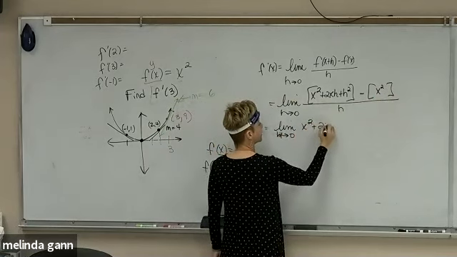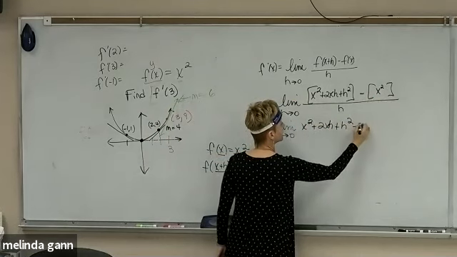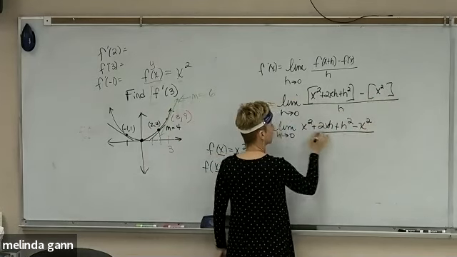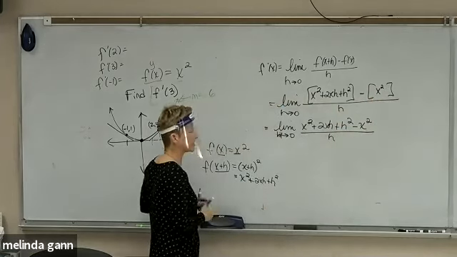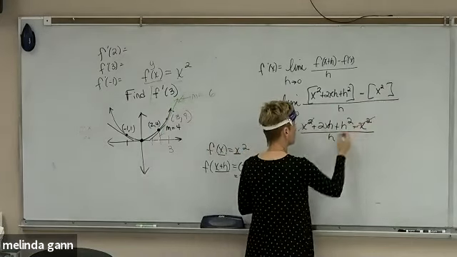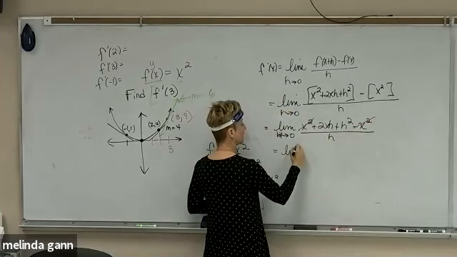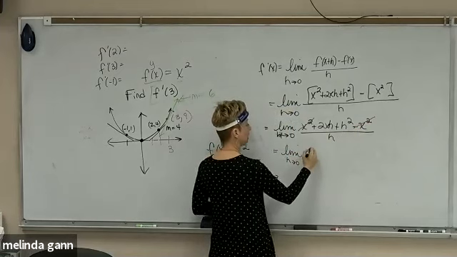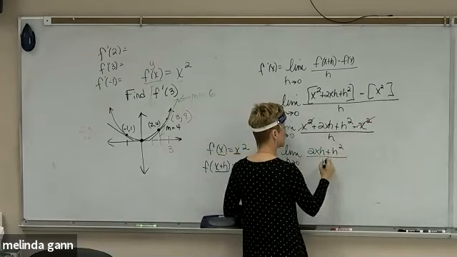So x squared plus 2xh plus h squared, and then minus what? What's going to happen to my x squareds? Don't they go to 0? So that's going to leave me the limit as h approaches 0 of 2xh plus h squared over h.